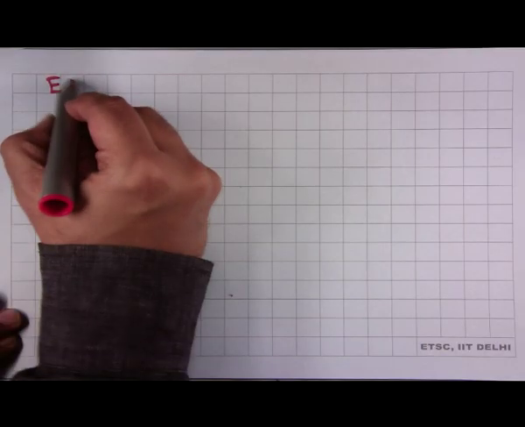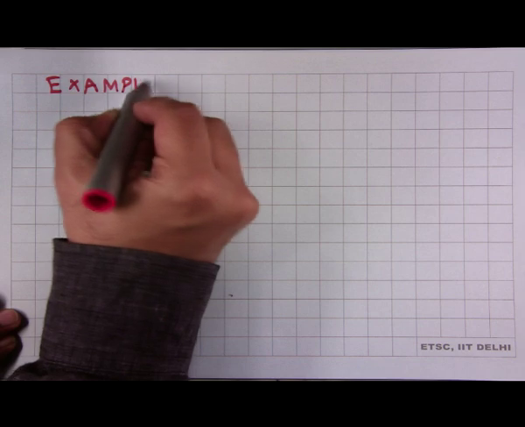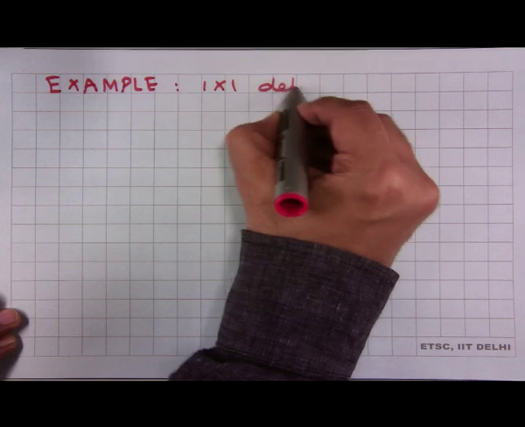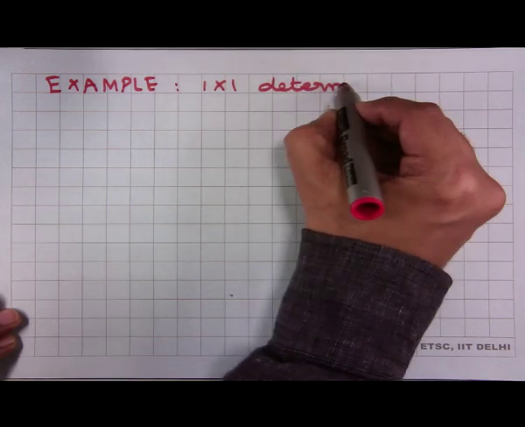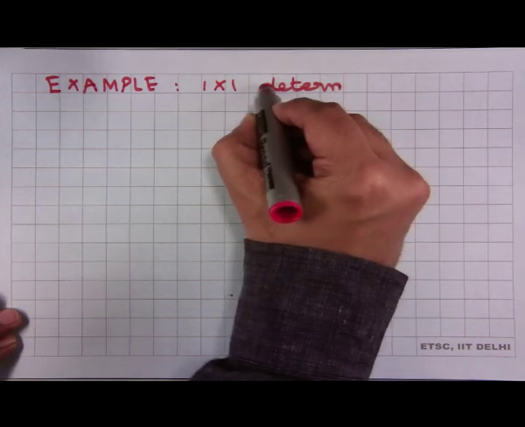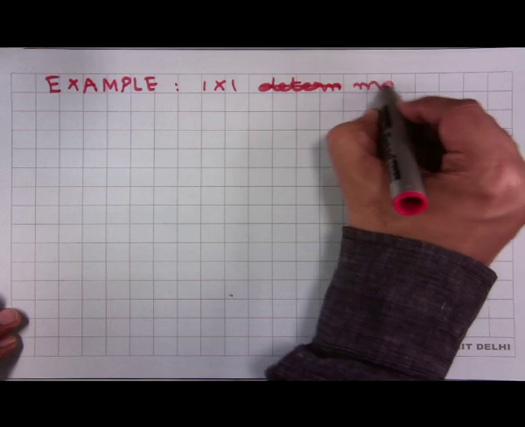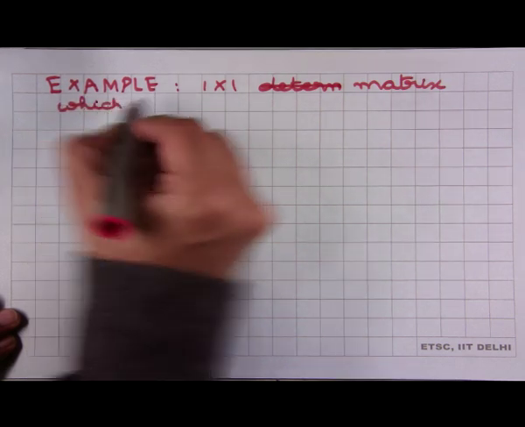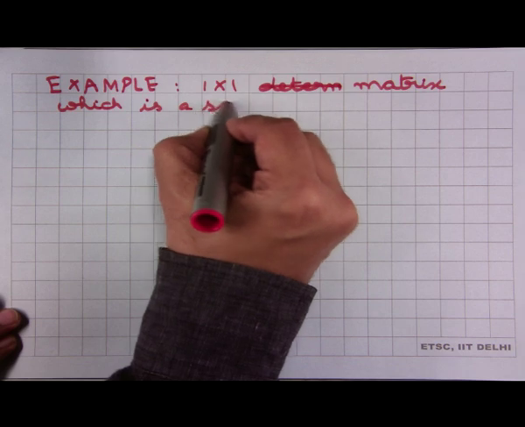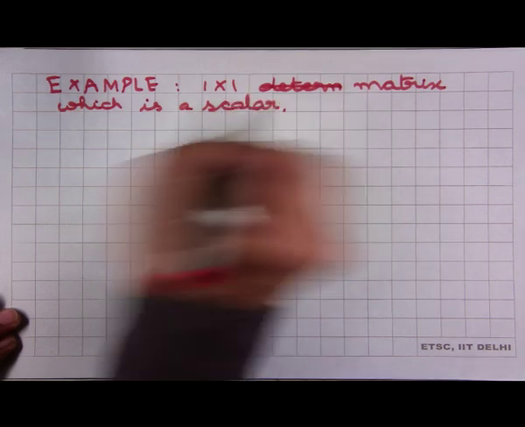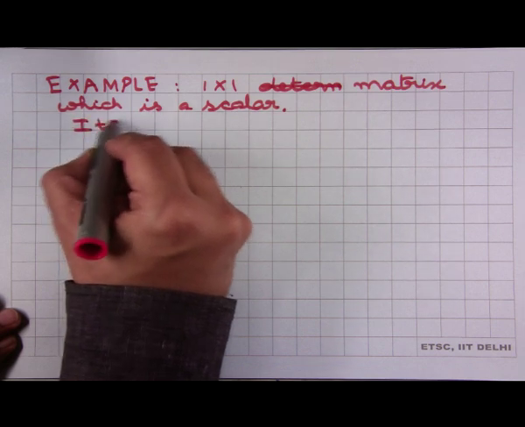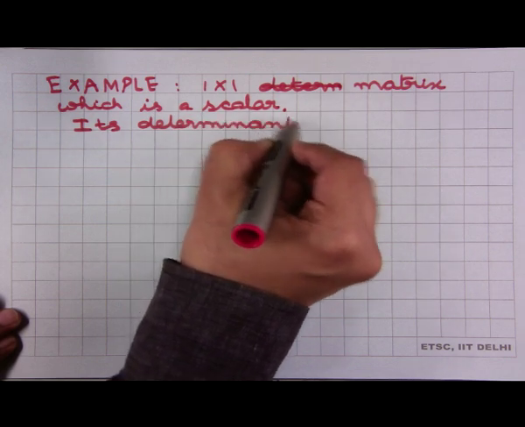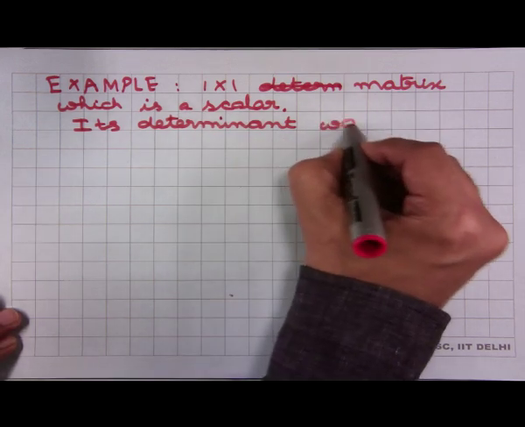So the examples that we can consider now are, first, a 1 by 1 matrix, which is a scalar; its determinant was taken as the scalar itself.